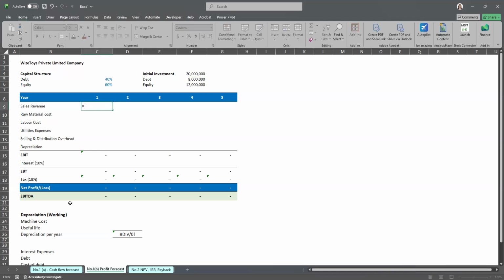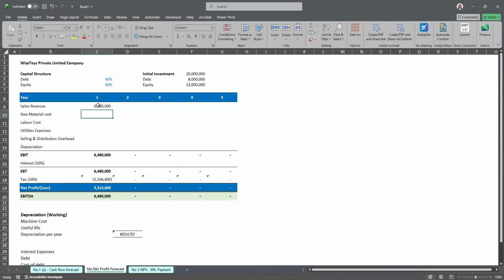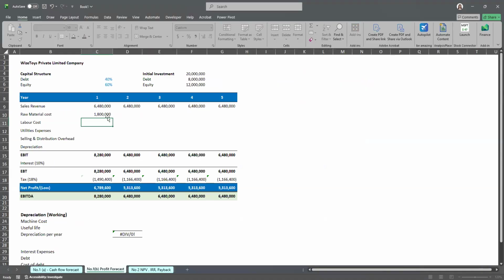New, and no material cost. And labor cost.